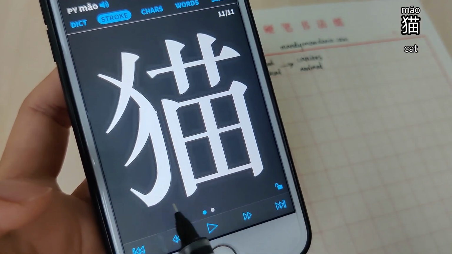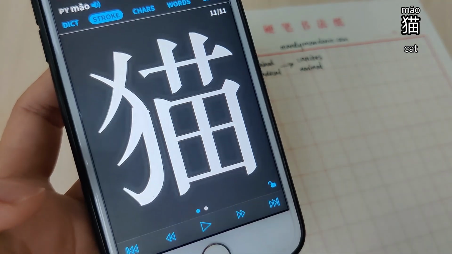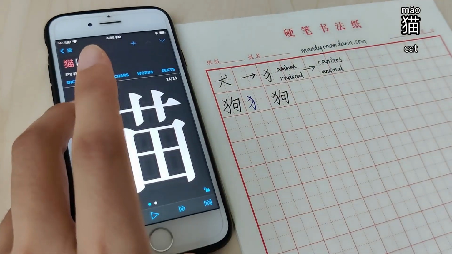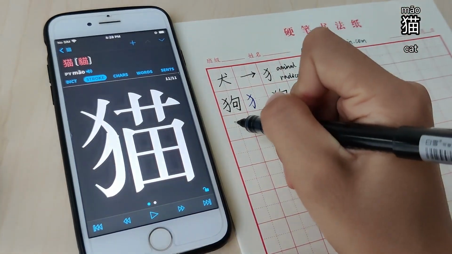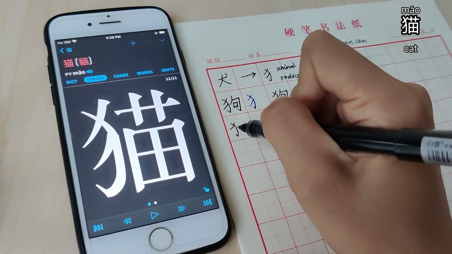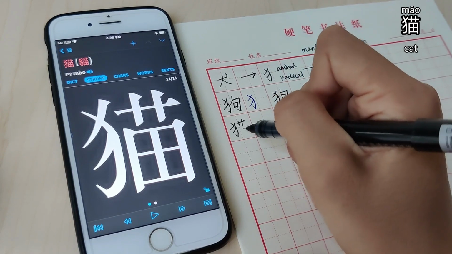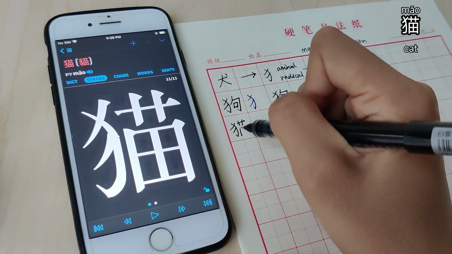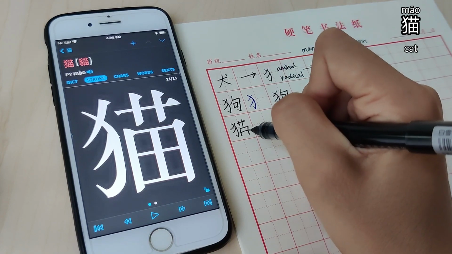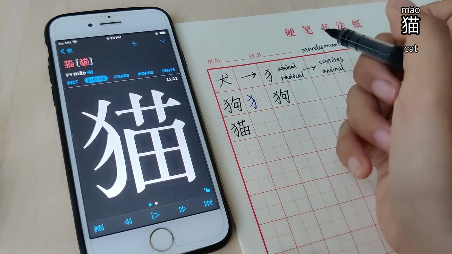Also, we got this animal radical, right? Okay, so 1, 2, 3, 4, 5, 6, 7, 8, 9, 10, 11.